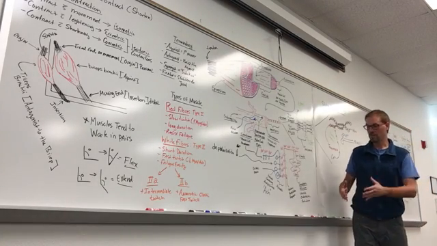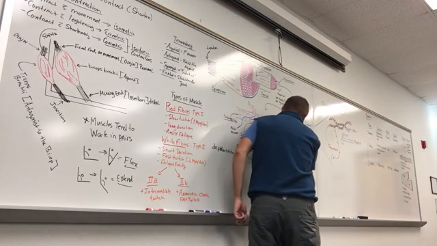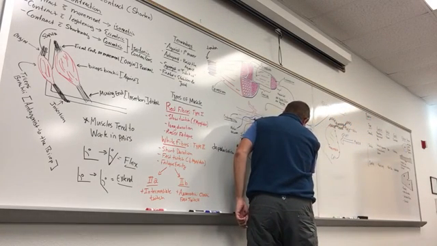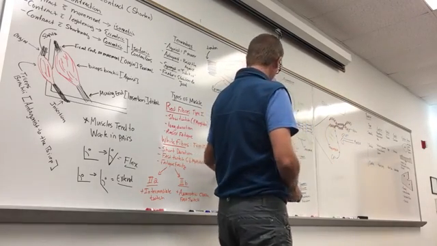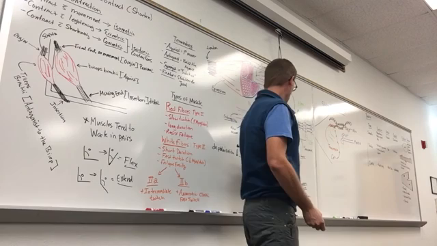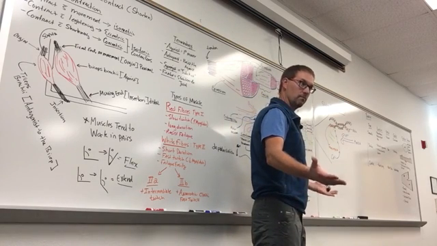The muscle cell depolarizes. Those little channels open up, and all that sodium starts rushing into the muscle cell and depolarizes. So basically you have depolarization, boom, neurotransmitter tells the muscle to depolarize. Make sense? You guys okay with that?